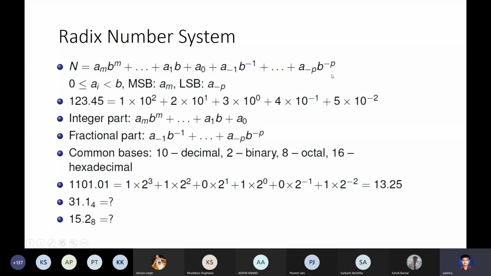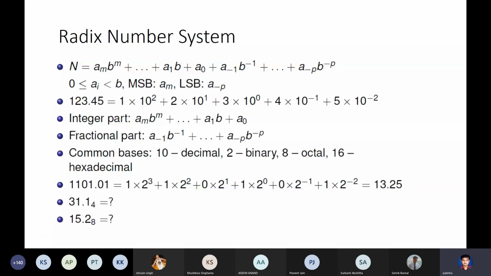Note that this is universal in the sense that the decimal number system can be represented this way, and the binary number system can be represented this way. So this b is called the base of the number. It may be 2, it may be 10, it may be other values.